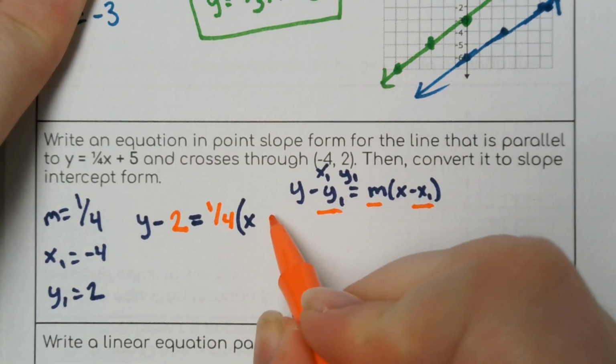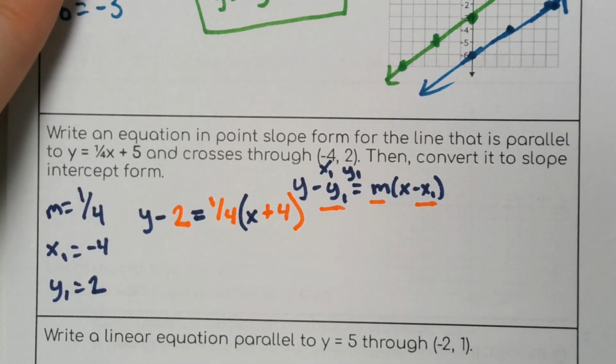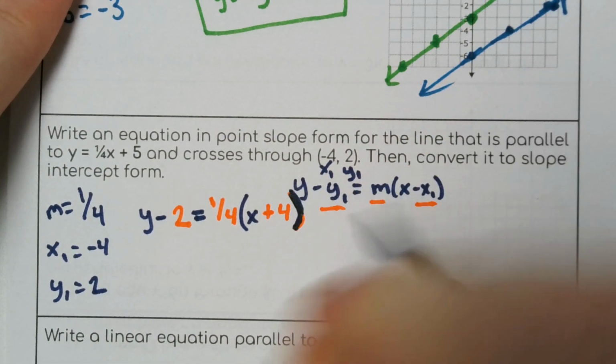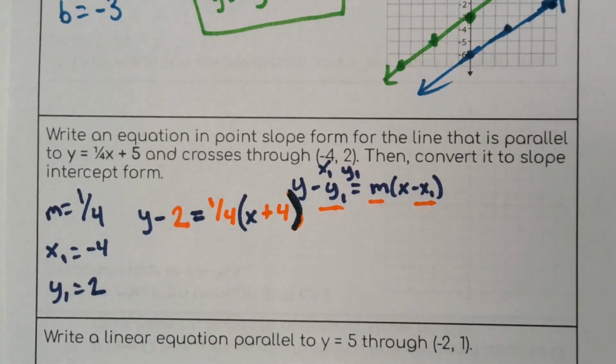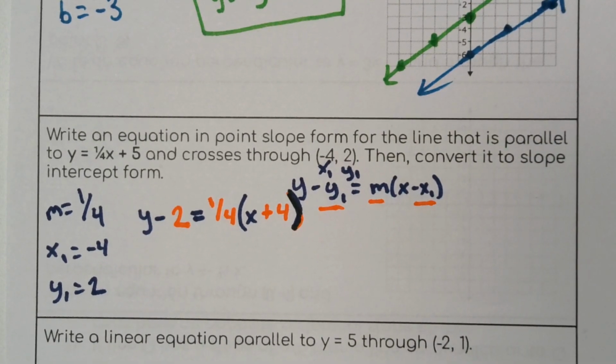So what's that going to change it to? Good. Okay, so that's our point slope form. But then it says convert it to slope intercept.